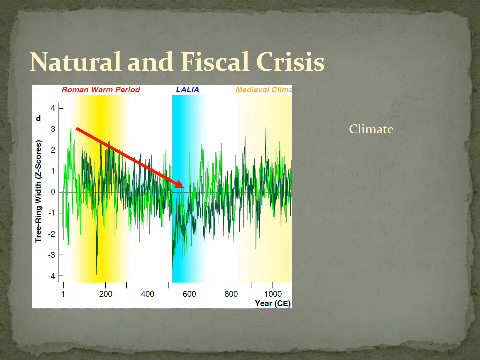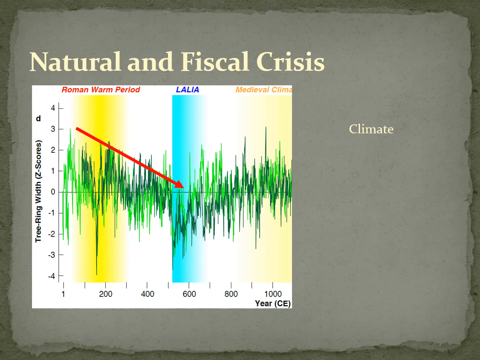People who are smarter than me and who study the history of climate have recognized that this was a period of cooling. The time of the Pax Romana, which is in this yellow period here, was a relatively warm period of time. Warm, wet, and generally favorable toward crops.